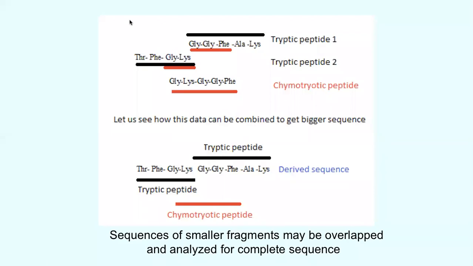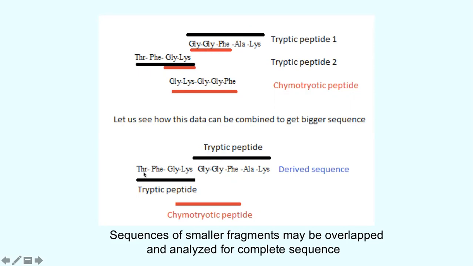So this is how the whole thing takes place if we are chopping it down with different enzymes. For example, this one was chopped down by trypsin, and this again by trypsin. This was done by chymotrypsin. So by putting them along wherever there are overlapping sequences, like here you can see, this is an overlapping sequence. So you put it over here, then you have this sequence, again you put it all.